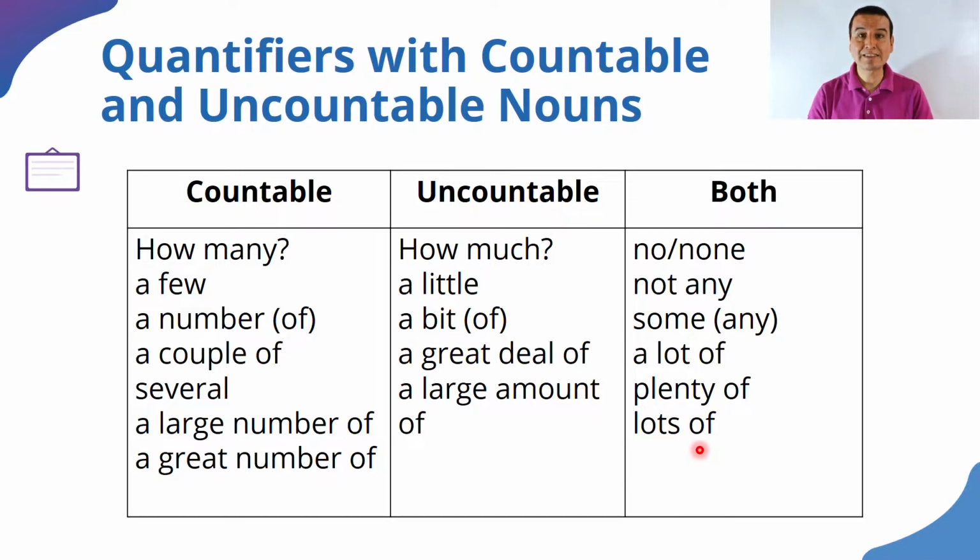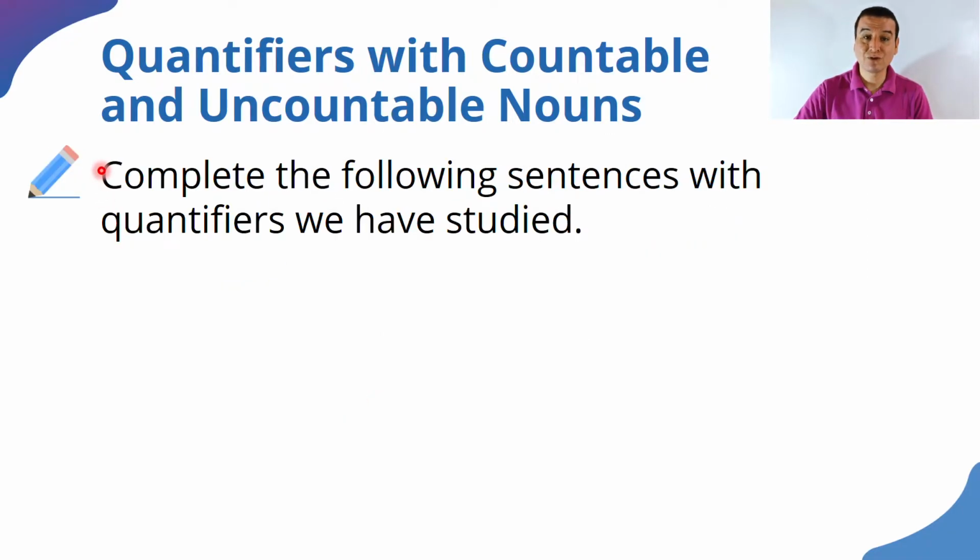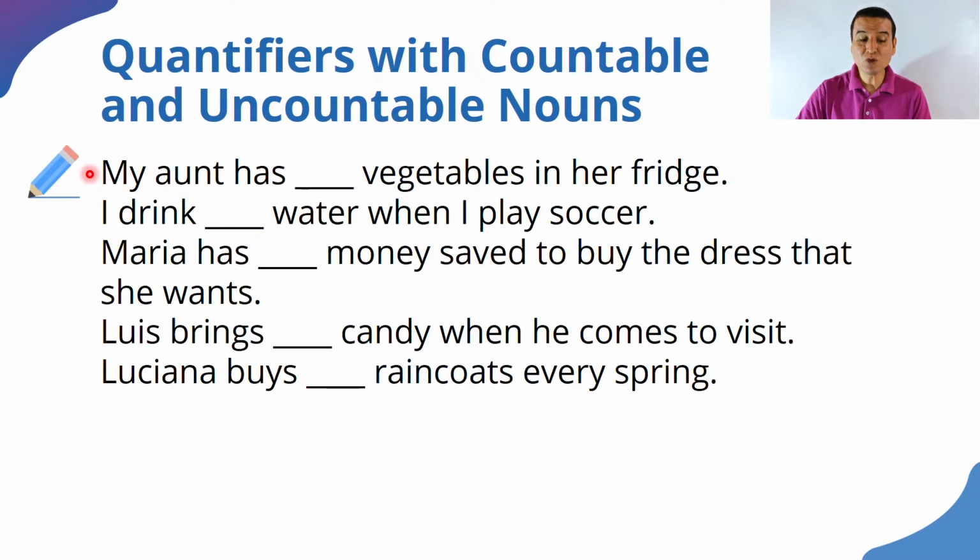All right, that is the main idea that we need to practice in this lesson. So I have one simple exercise first for you to do that, and that refers to completing the following sentences with quantifiers that we have studied. Those quantifiers that we just mentioned can be used before these nouns.